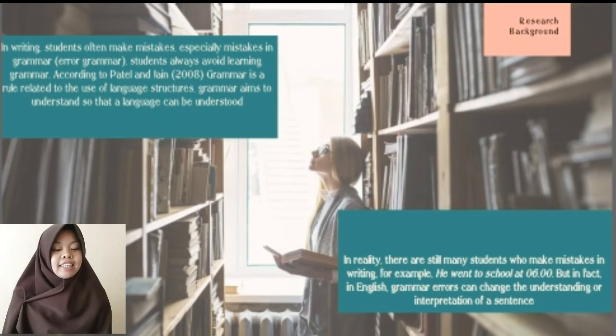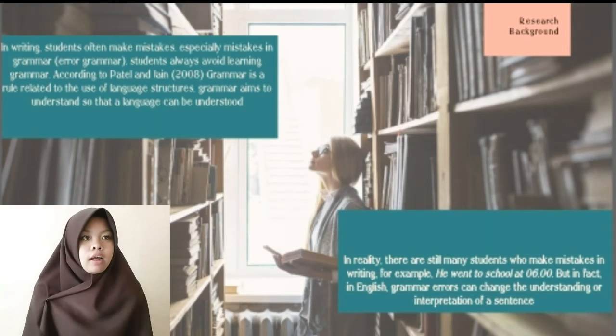But in the sentence, the verb shows past tense for a past time, which means the incident has happened. So the correct sentence is "He goes to school at 7 o'clock." Students still experience confusion in the use of tenses. In fact, in English, grammar errors can change the understanding or interpretation of a sentence.